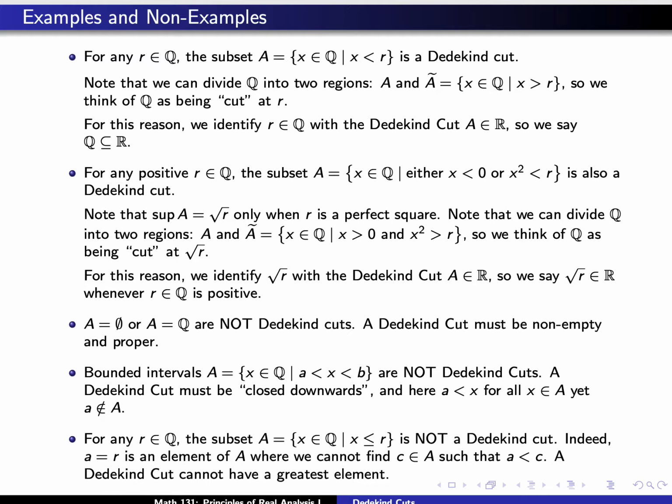Indeed, the problem here is that a Dedekind cut cannot have a greatest element. We'll see here that if we were to choose a is equal to R, this is an element of our set capital A, where we cannot find an element lowercase c such that a is less than c. Again, this set here does have a greatest element, therefore this set cannot be a Dedekind cut.